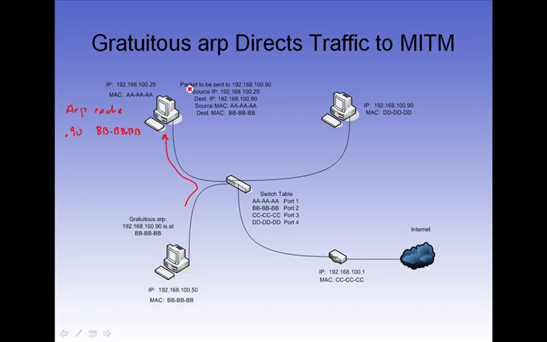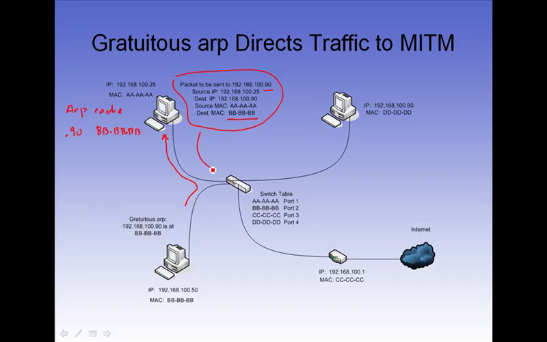So at this point, if the .25 machine needs to send something to .90, it's going to look in its ARP cache before it sends the packet. It's going to discover that it already has an entry in the ARP cache, and that the .90 machine has a MAC address of BBBBBB. So it's going to use this to address the frame header.